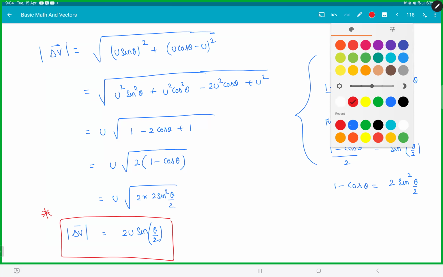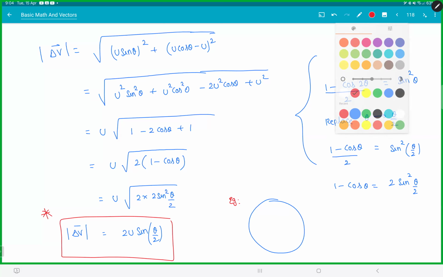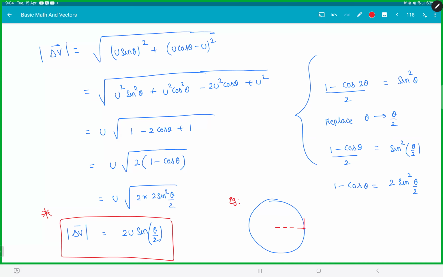In the exam they asked a question like this. A particle is going in a circle with speed v. It has covered an angle of 60 degrees and then reached here. They asked to find the change in velocity, delta v. The magnitude will be 2v sine theta by 2, with 60 by 2, which is 2v sine 30, which is v.